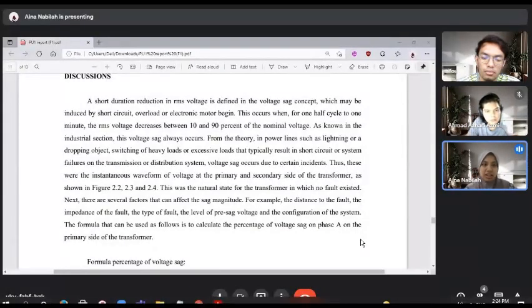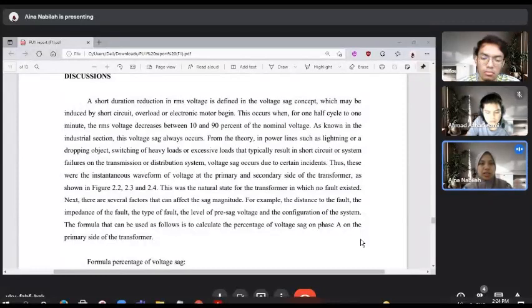As noted in the industrial section, voltage sag can occur from faults in power lines such as lightning or a dropping object, or switching off heavy loads or excessive loads that typically result in short circuit or system failure on the transmission distribution system. Voltage sags occur due to certain incidents.